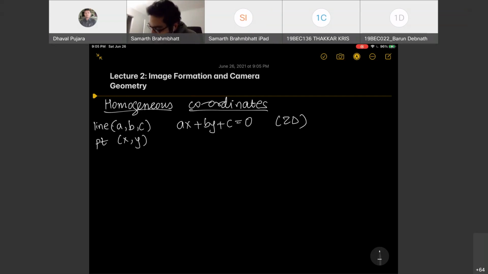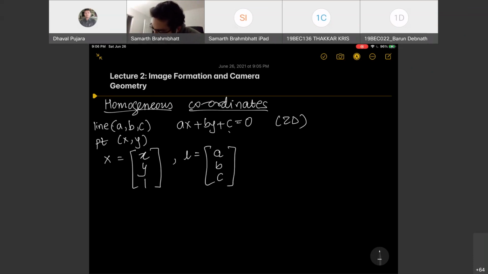Now, you can represent this as a matrix multiplication by saying that my point x is actually (x, y, 1), and my line L is (a, b, c).